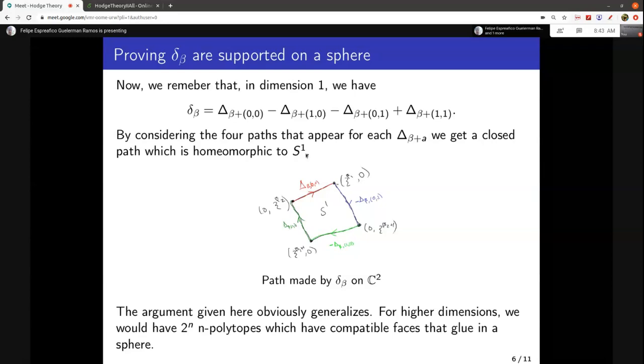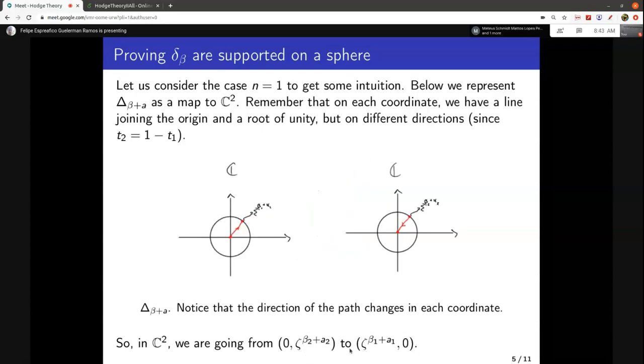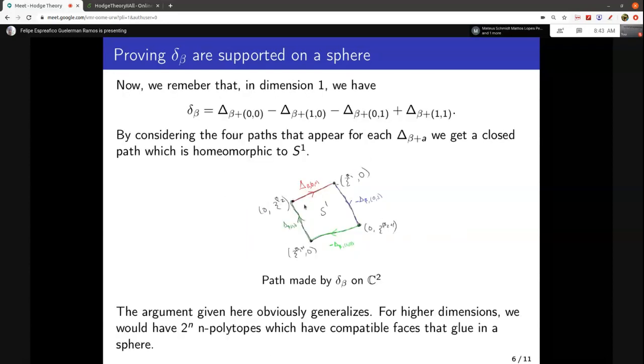It's important because, if you look at these points, of course these roots are different, but it's okay. Everything will glue in the end. And it's important to say that this is singular, right? This is not a smooth sphere.